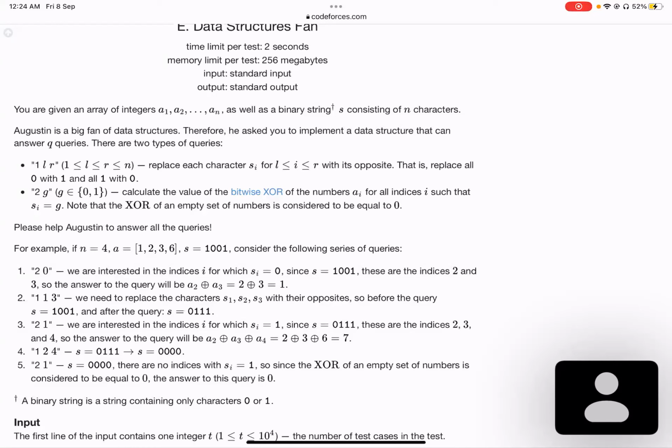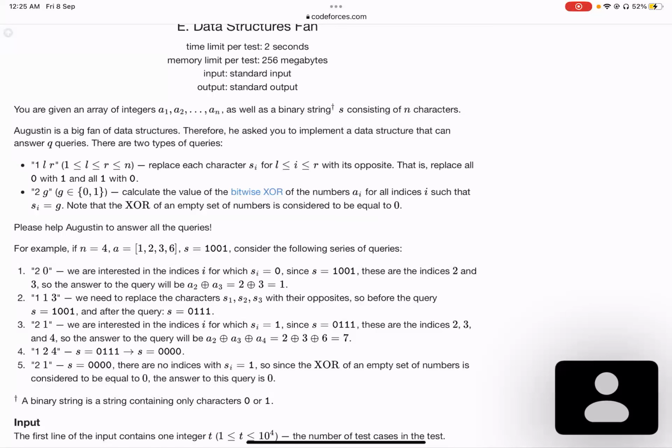And in the second type of query, what they are saying is you need to find the bitwise OR of, let's say we have first index, third index, and fifth index have value 0. Let's say s of 1 is 0, s of 3 is 0, s of 5 is 0.